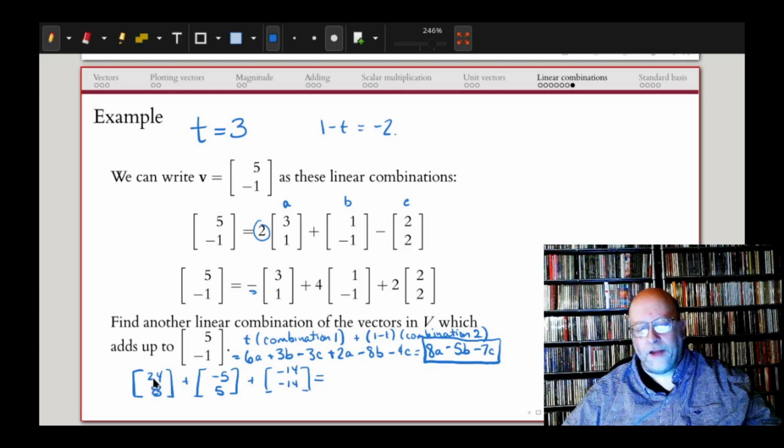And when we add these together, 24 minus 5 is 19. 19 minus 14 is 5. 8 plus 5 is 13. 13 minus 14 is negative 1, and that does indeed equal v. So that checks out for us.